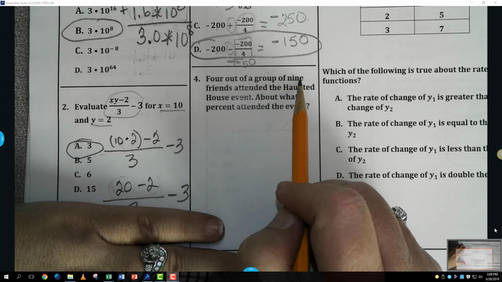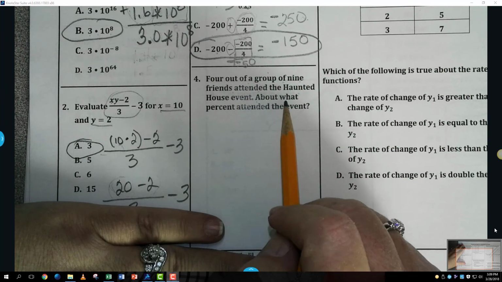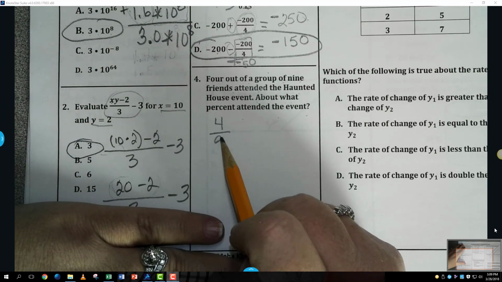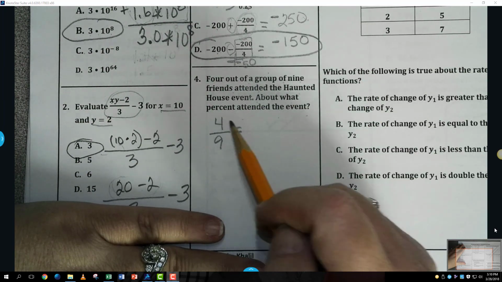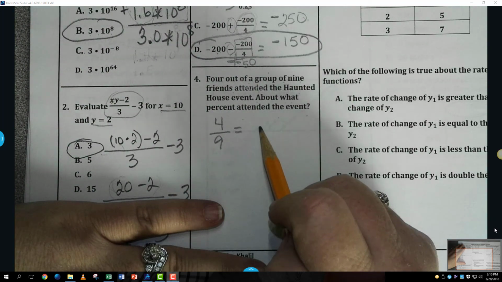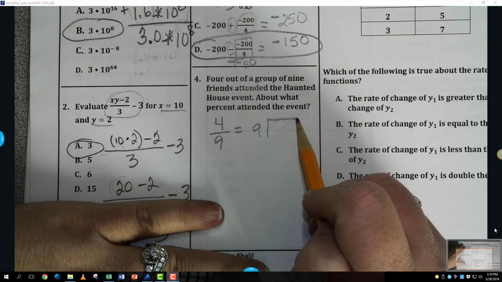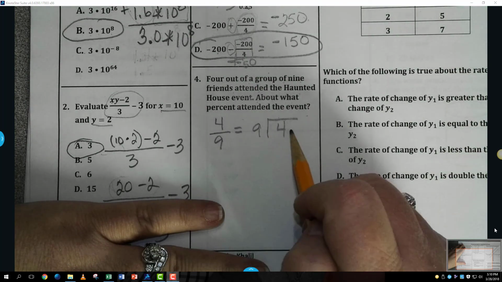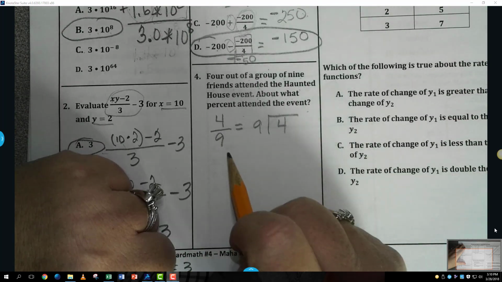4 out of a group of 9 friends attended the haunted house. About what percent attended? Okay, 4 over 9. If I need to convert that into a percent, I'm going to say 9 goes into 4 how many times? All right, so you can work that out, but I also know a trick.